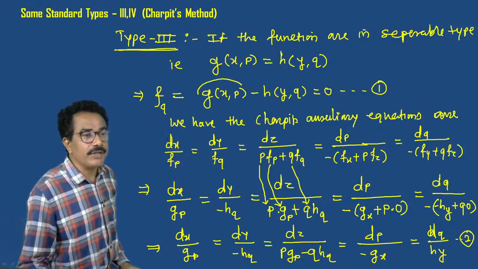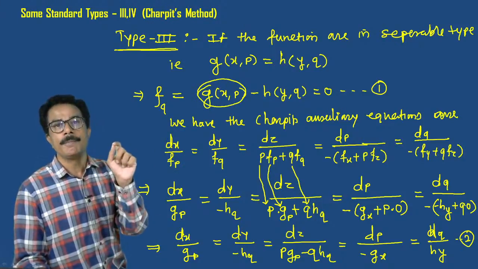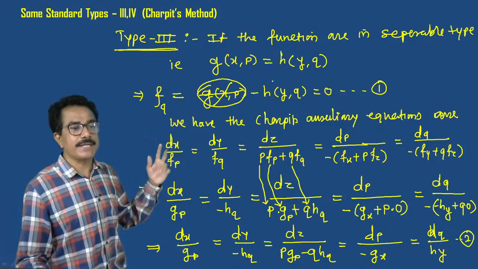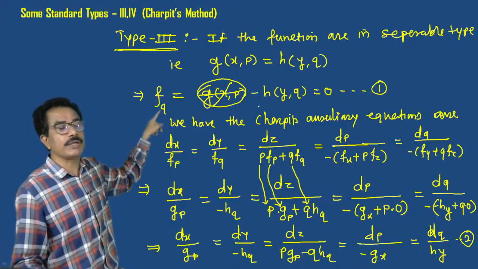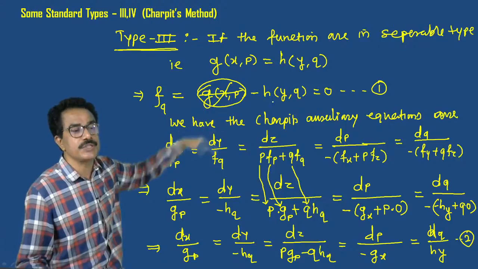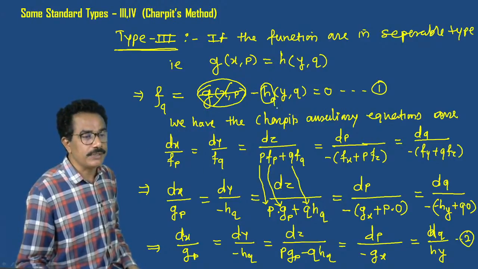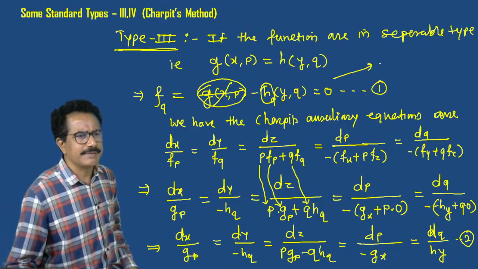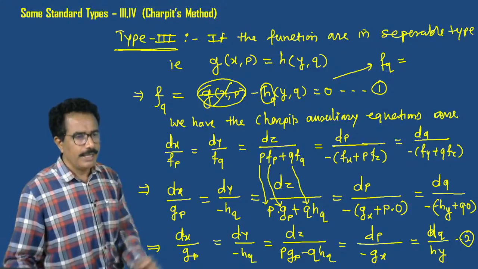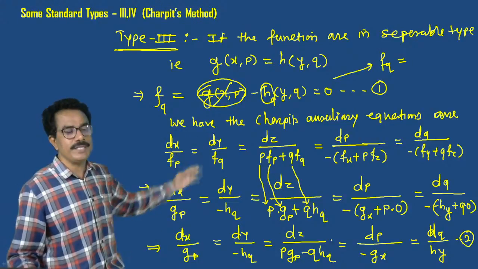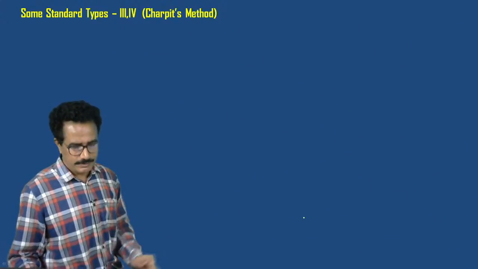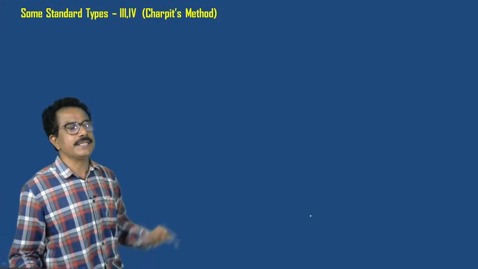The partial derivative of g with respect to q will be 0, because q is absent. So the partial derivative of f with respect to q means the partial derivative of h with respect to q, but it is a minus h, so it will be minus hq. Fq means minus hq, and plus into minus gives minus, so here again minus was written. This is how hq comes.